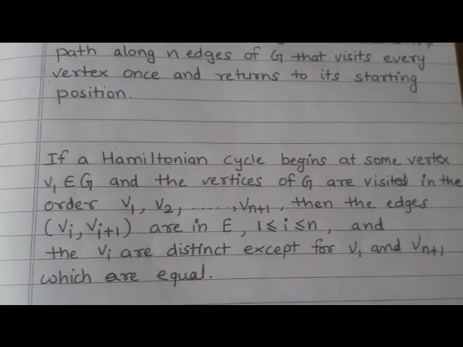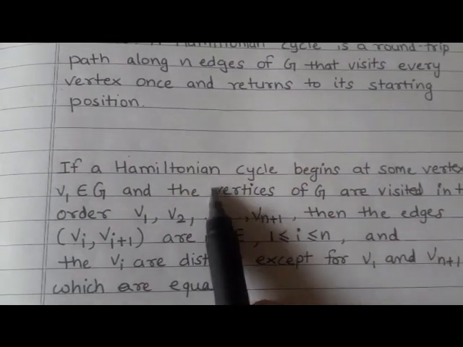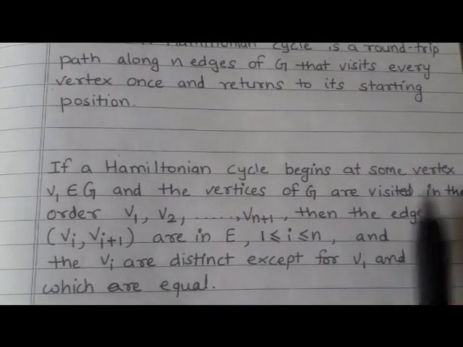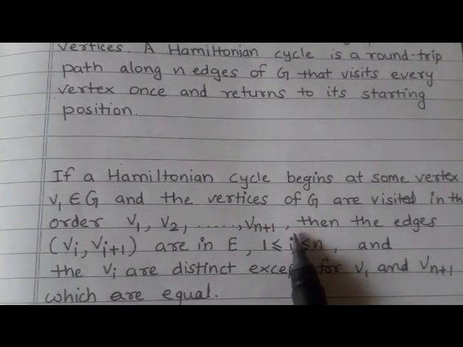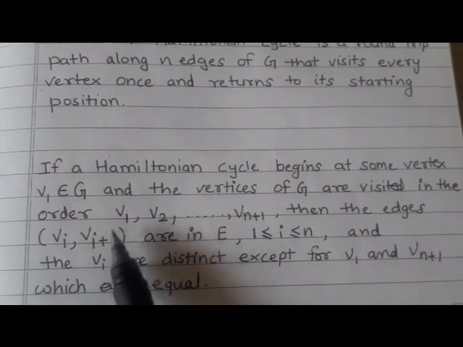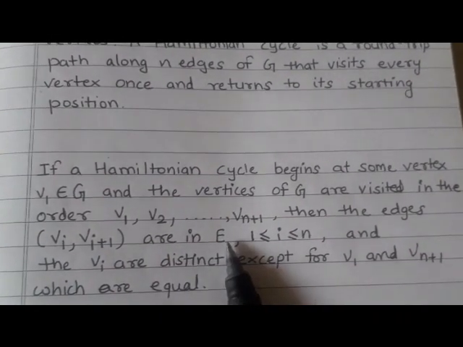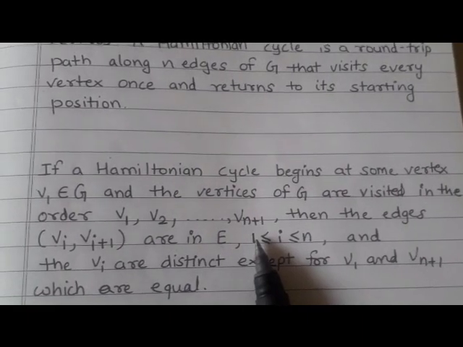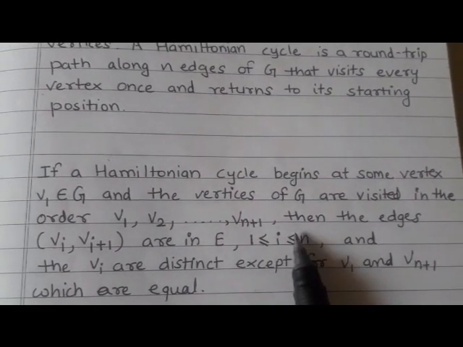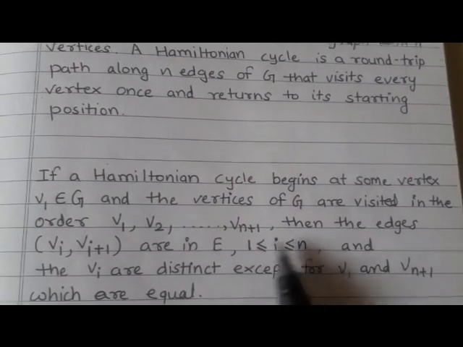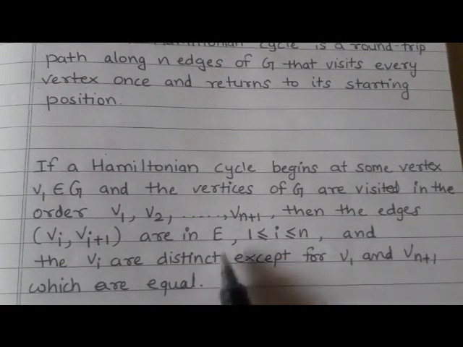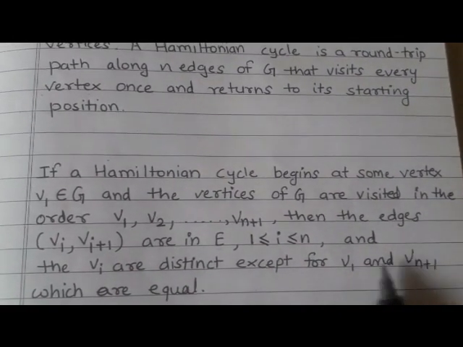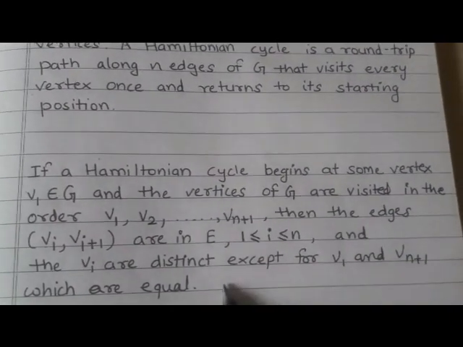So if the Hamiltonian cycle begins at some vertex V1 belonging to the graph, and the vertices of the graph are visited in the order V1, V2, up to Vn+1, then the edges (Vi, Vi+1) are in E, where 1 ≤ i ≤ n, and the Vi are distinct, except for V1 and Vn+1, which are equal.